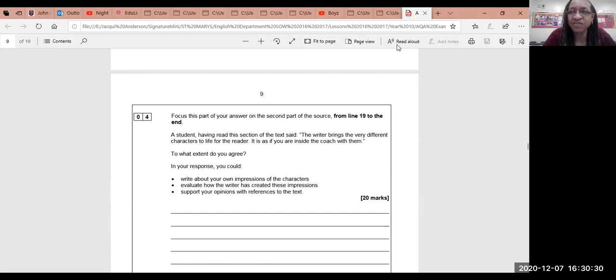So is it an adjective, or is it a noun, is it a verb, etc.? Or is it a language feature that you found within the quotation? Have you seen a simile, or an onomatopoeia, or repetition? Anything that you find within that quotation, you must find at least a word class or a language feature.